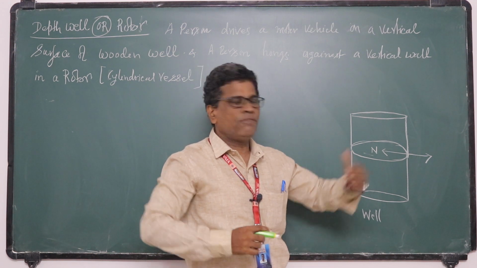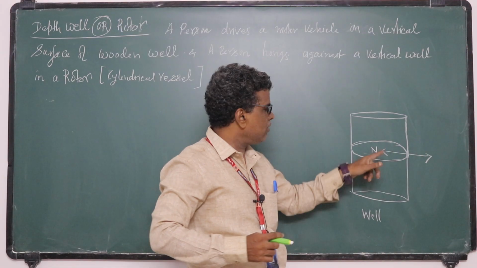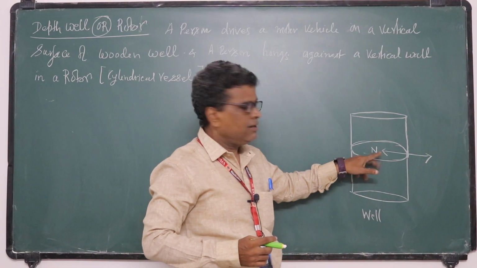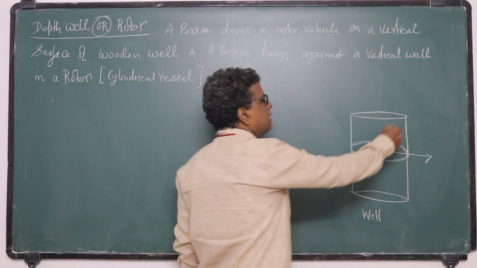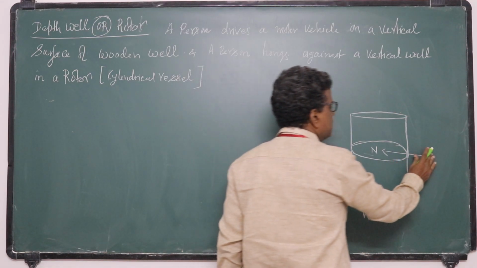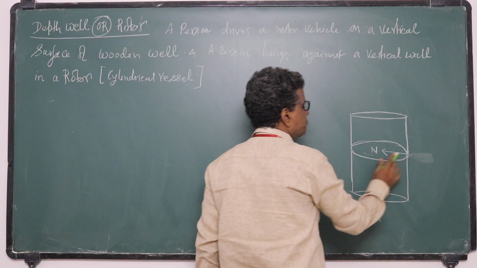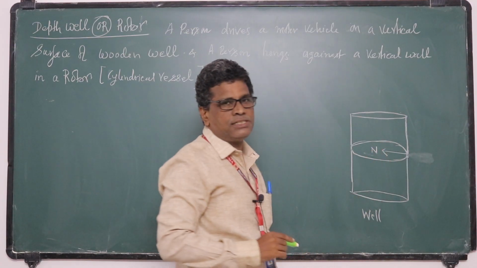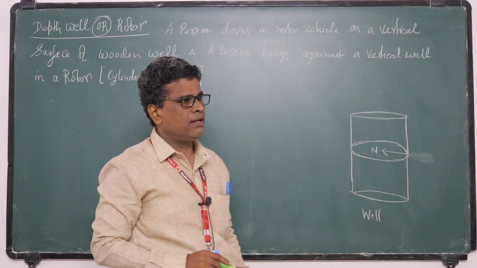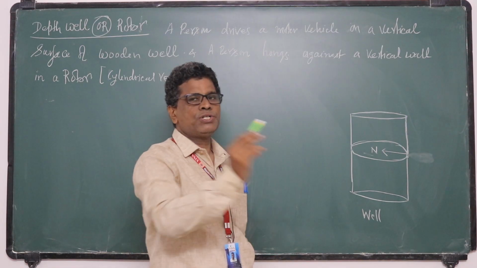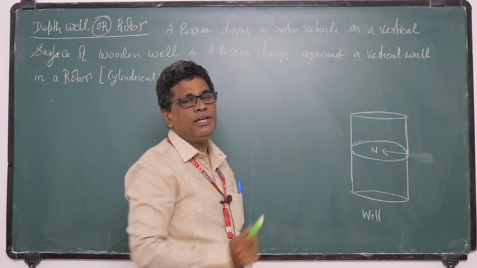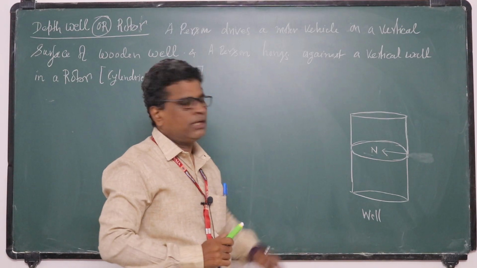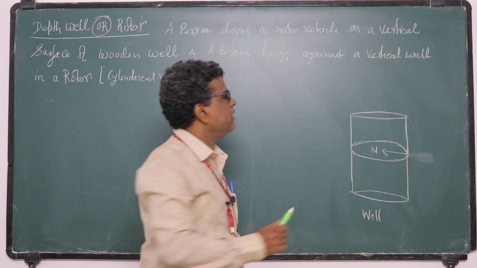In turn, the vertical wall exerts the same amount of force on the person. Let it be N. That is called the normal reaction exerted by this vertical wall. This normal reaction will provide centripetal force to the vehicle. The person wants to drive in a circular path, so he needs a centripetal force that is provided by this normal reaction.